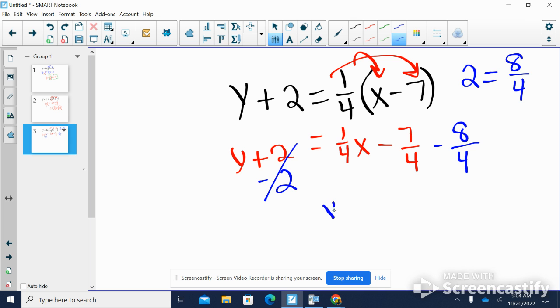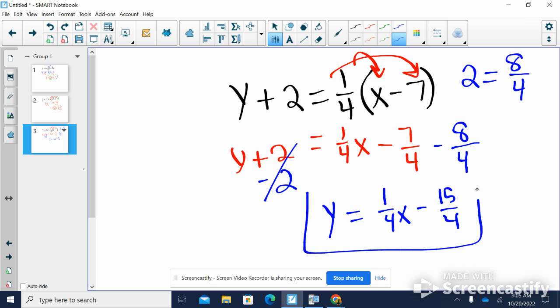So now I get y equals 1/4 x minus, negative 7, take away 8 more is 15/4. So this is my line in slope-intercept form.